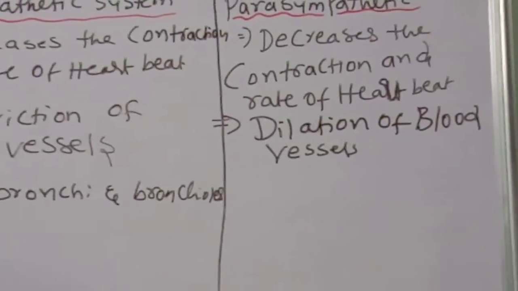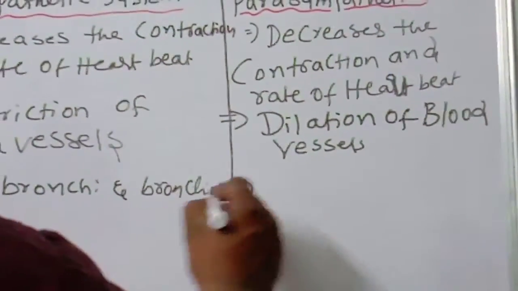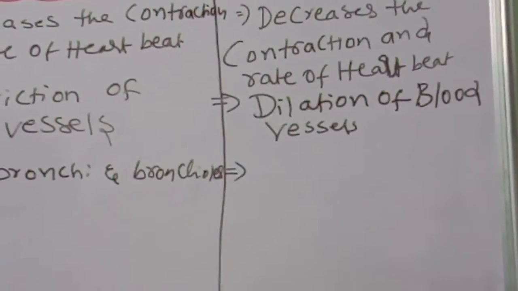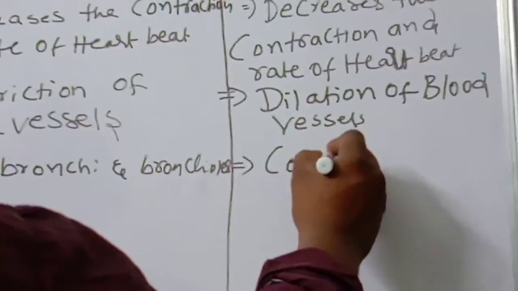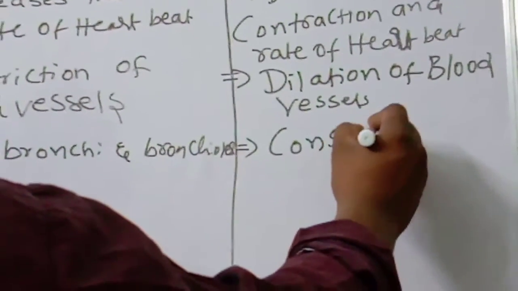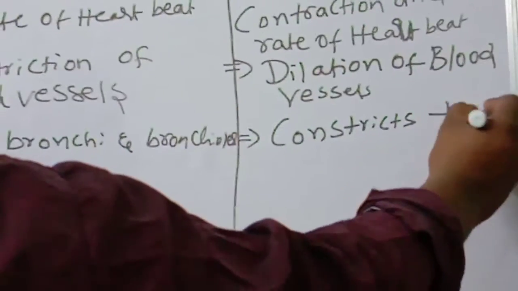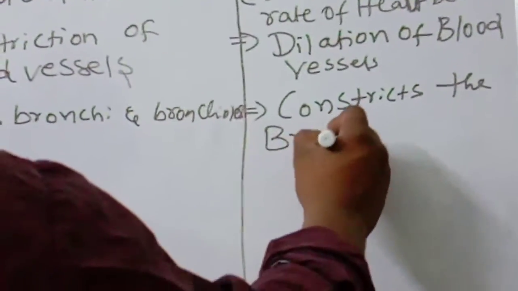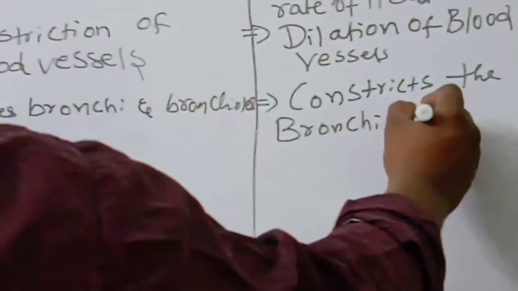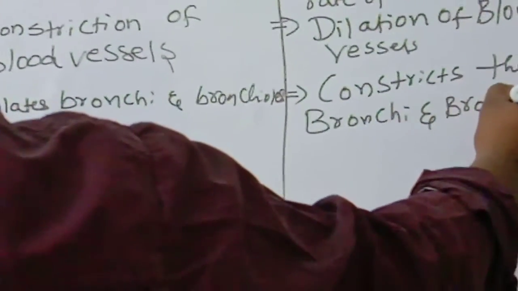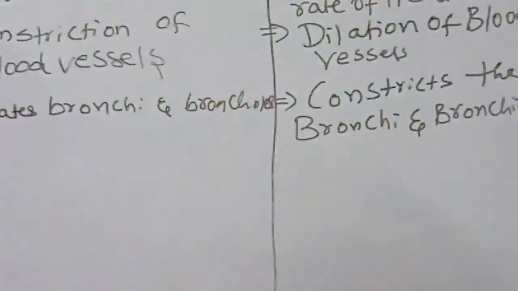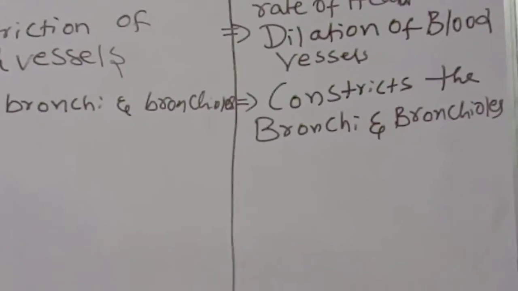Here parasympathetic, very important, constricts the bronchi and bronchioles. This one you have to remember.